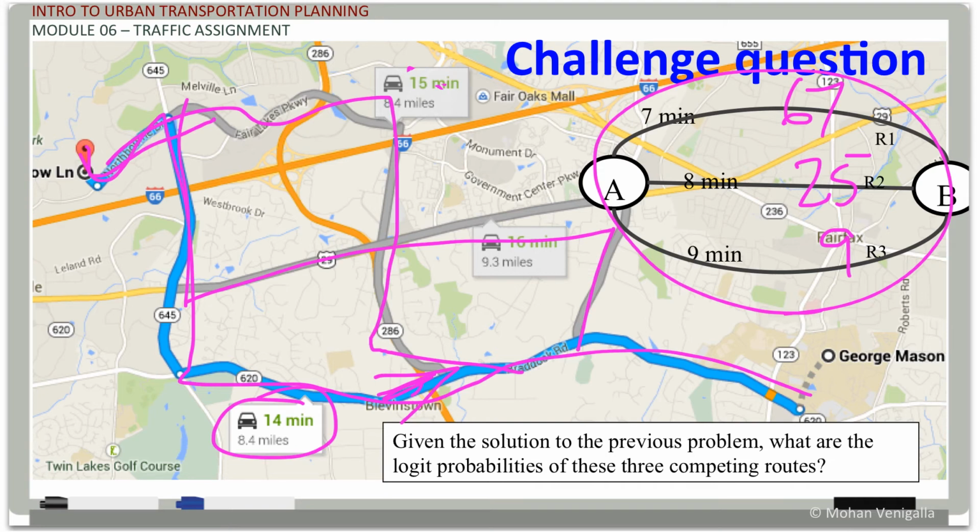Adding a constant to utility functions is not going to change the properties of the choice probabilities at all. If you subtract 7 from each of the travel times, the problem reduces to what you just solved, and the probabilities in this real world scenario are going to be 67, 25, and 9. It's that simple.